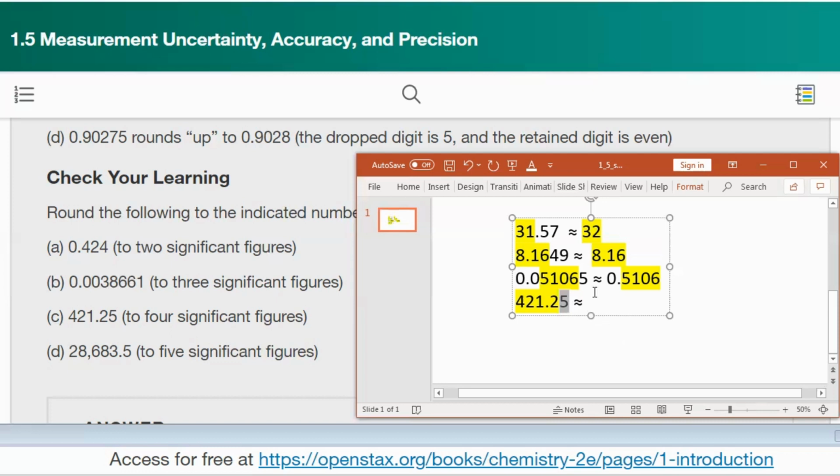The digit we're going to retain is this digit here in this position where I just highlighted the yellow with gray. And we round down if the number is even, we round up if it is odd to make it even. So 421.2.